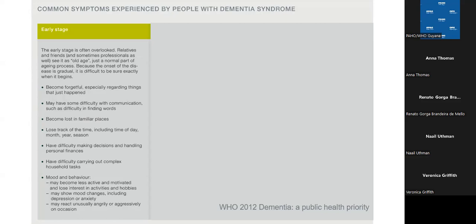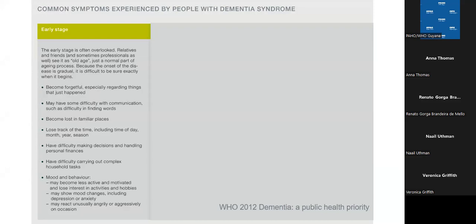This is memory issues with red flags. Forget doctor visits, forget family names, forget where they are, forget dates, especially memory issues associated with space and time disorientation.